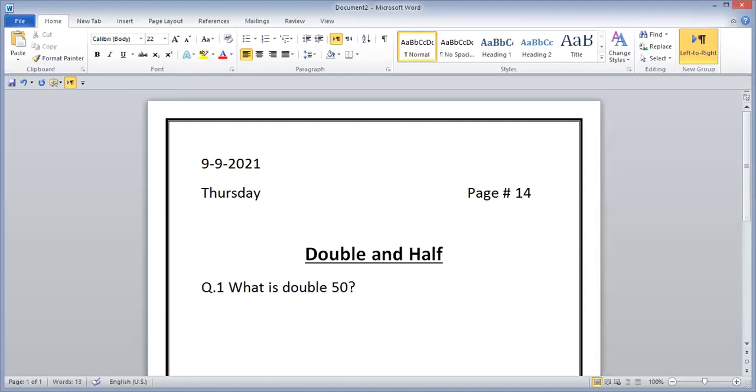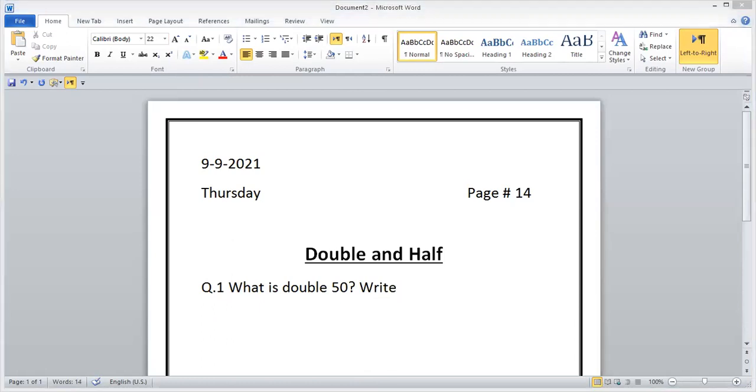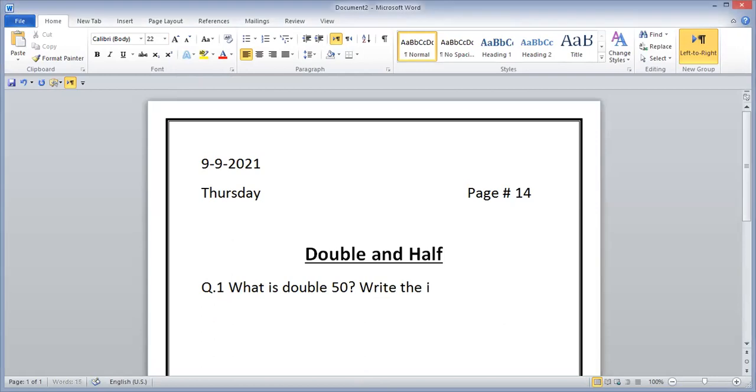Also write the inverse statement. So what is double 50? And then you have to write the inverse statement.